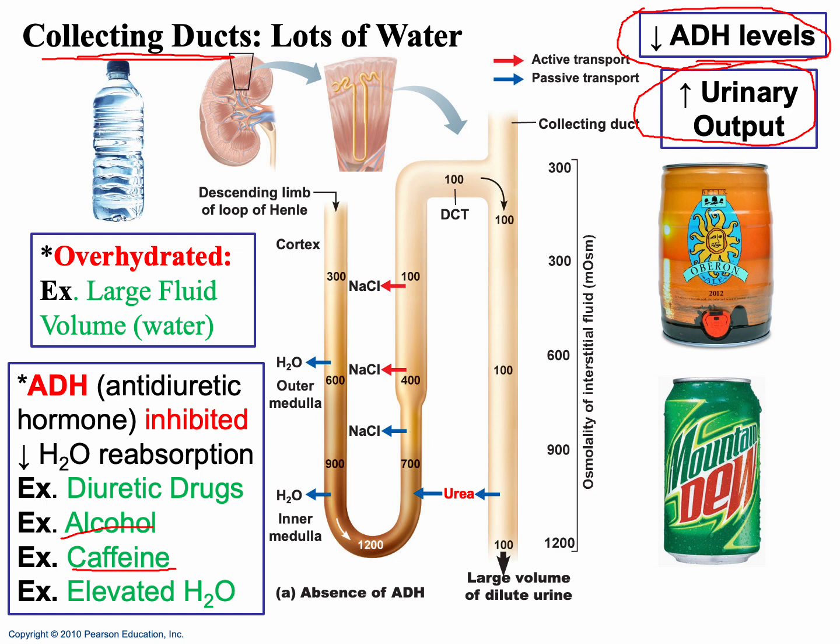And it could lead you to becoming dehydrated eventually too, by the way. Other things that could lead to suppressing of ADH would be elevated water intake, someone who drinks way too much water, or diuretic drugs. So various cardiac patients taking diuretic drugs, taking Lasix, for example, could lead to increased urinary output.